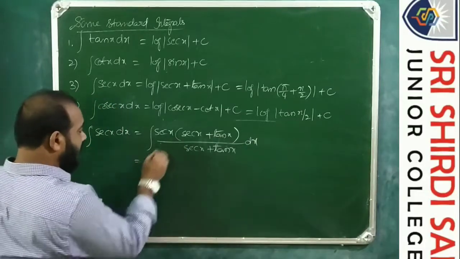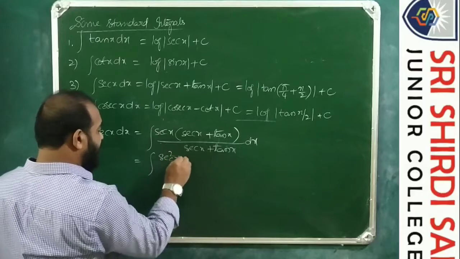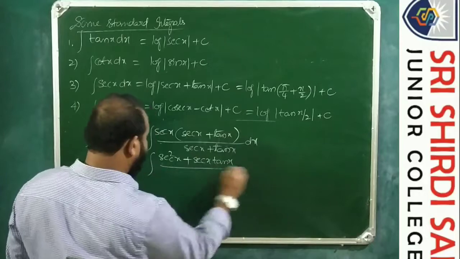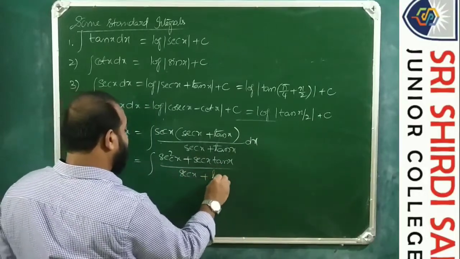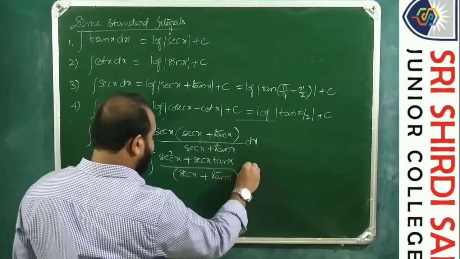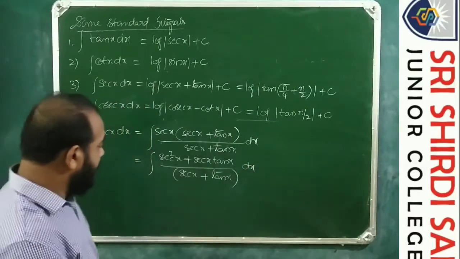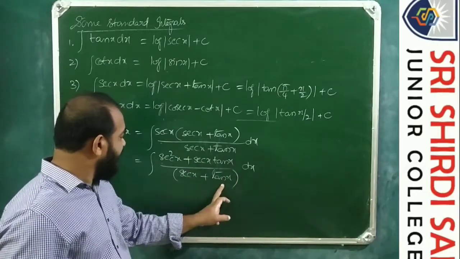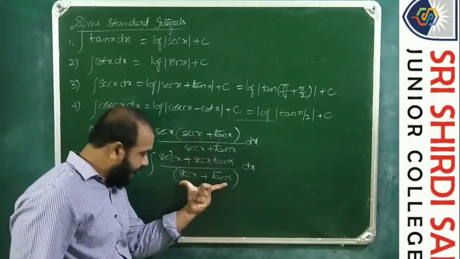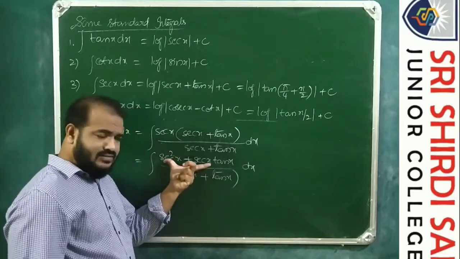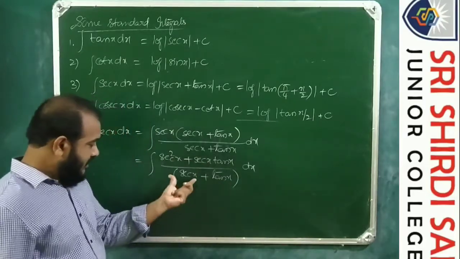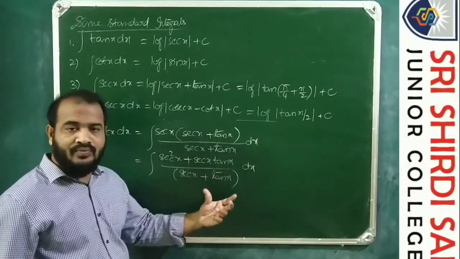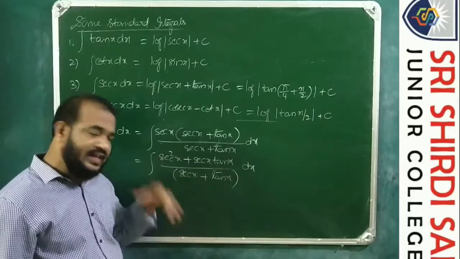Now secant x into secant x is secant square x, plus secant x tan x, by secant x plus tan x dx. The derivative of secant x plus tan x is secant x tan x plus secant square x. Therefore this is f of x and this is our f dash x. If you do not know directly through the results, then no problem.